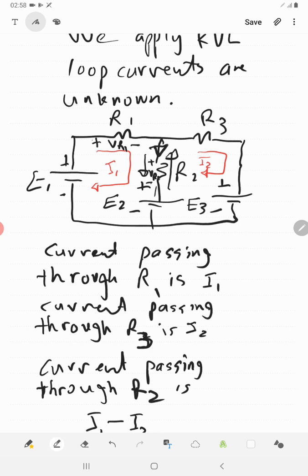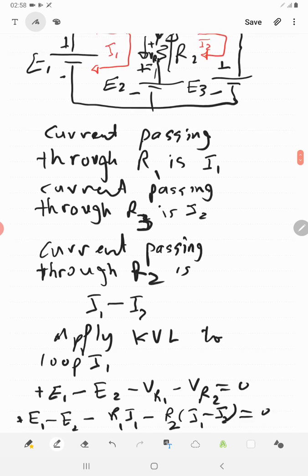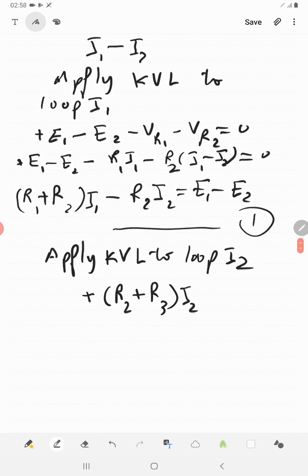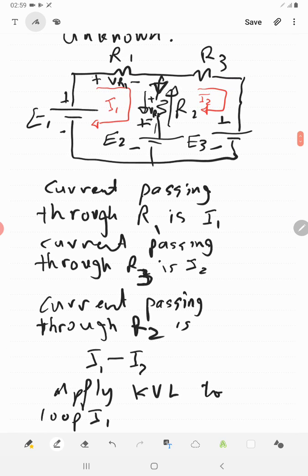Now I2 shares with loop I1 the resistor R2, so we say minus R2 times I1, equal to the sum of all voltage sources in this loop.